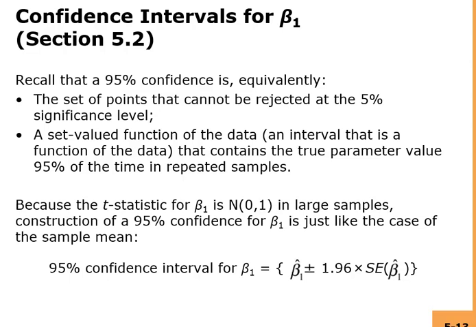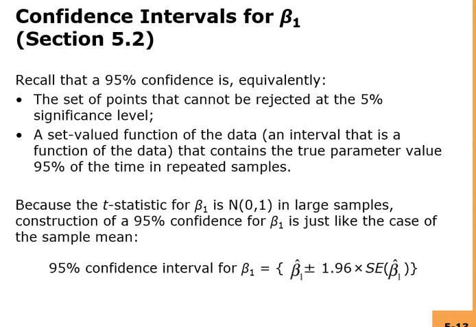Very similar to hypothesis testing for means and confidence intervals for means is the idea of a confidence interval for beta 1. How do we do that? Recall that 95% confidence can be defined in two ways. The first is that the confidence interval tells us the set of points that cannot be rejected at the 5% significance level. So if we are testing different hypothesized population values, we don't have to calculate the t-stat for each of them.